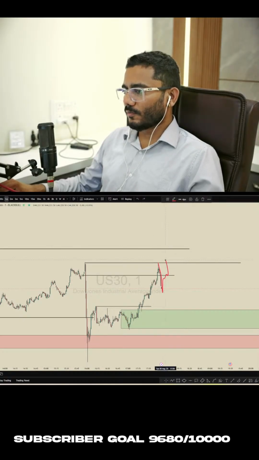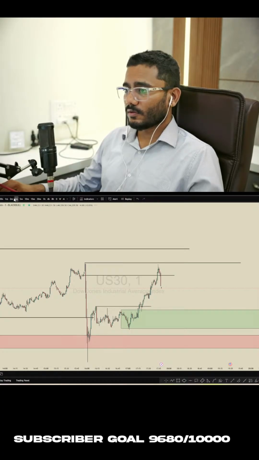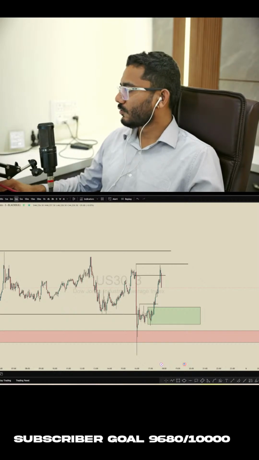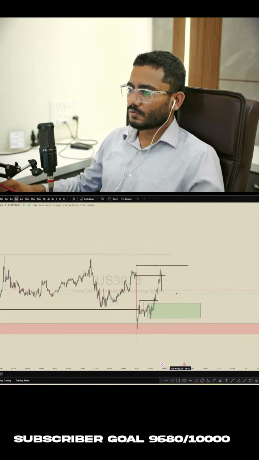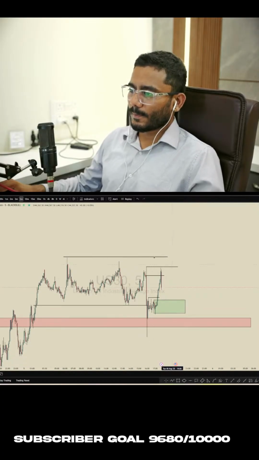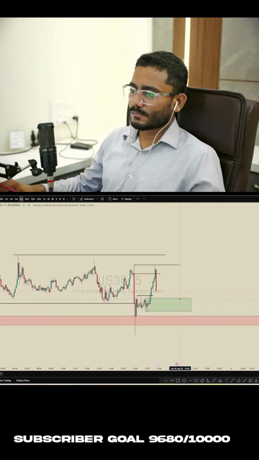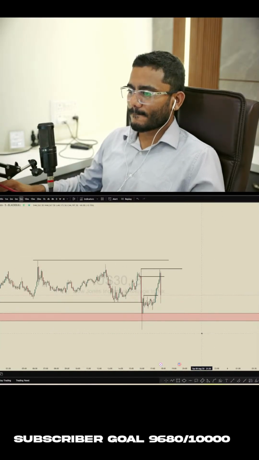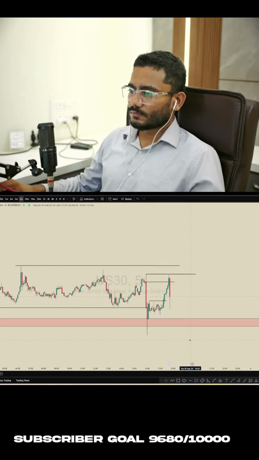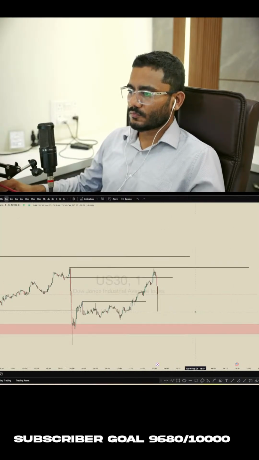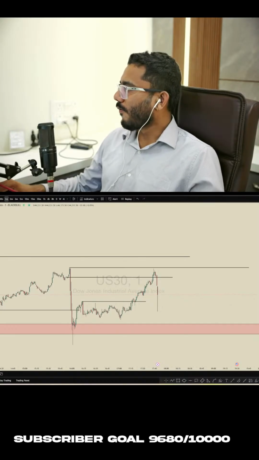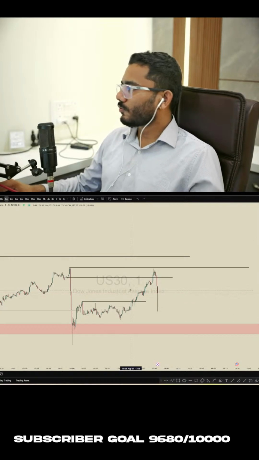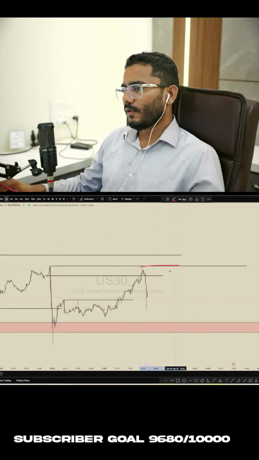So it should be a quick move; price will not break this high slowly. Now if price breaks this previous high, then it will be considered inducement.